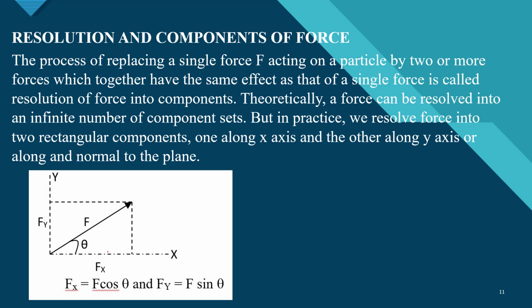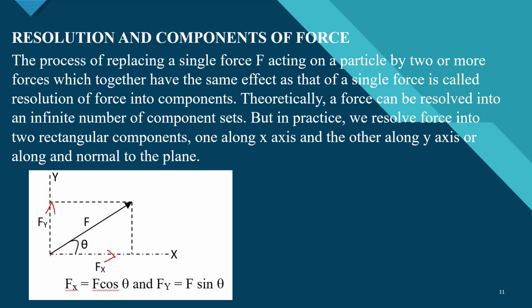Now the one component will be along the x-axis like this. That force will be acting towards right. Since the force is acting away from the point, the components also will act away from the point. So Fx will be acting towards right like this. Now the other one: the force is acting away from the point, so the vertical component also will act away from the point.